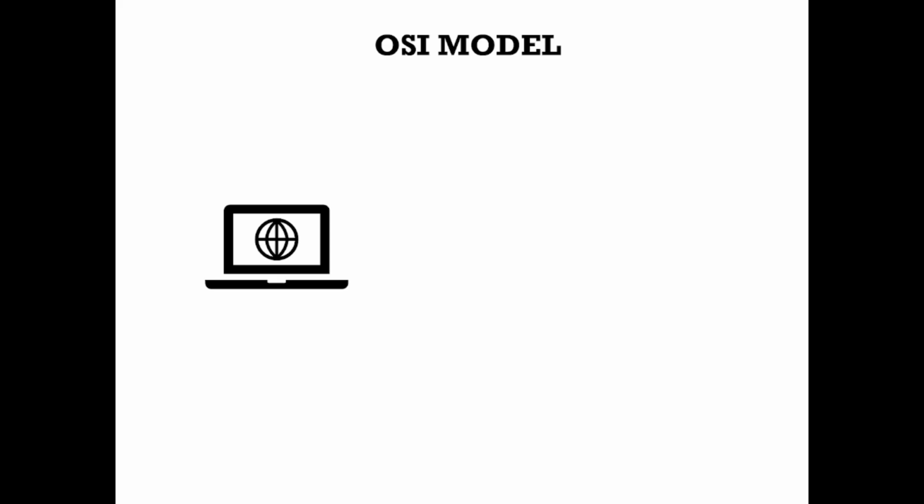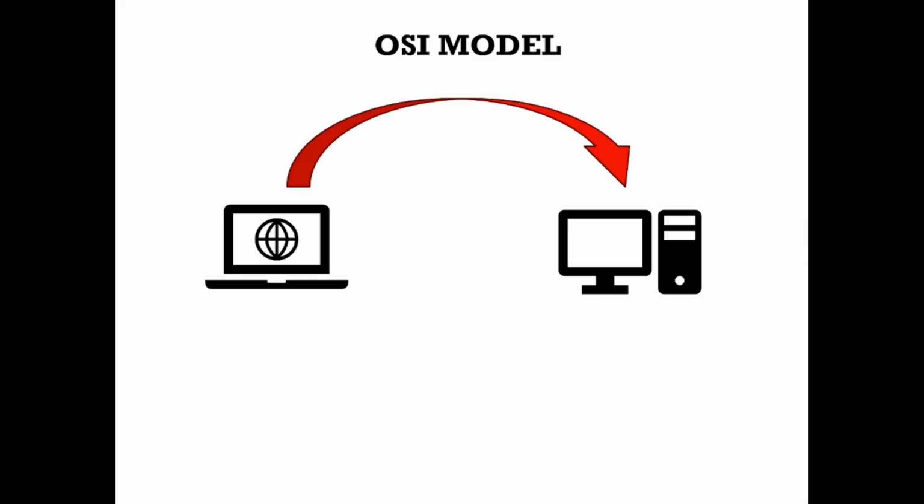So when you type facebook.com, it goes to the Facebook server and sends a request to it, and then the server sends a response back. So understanding the OSI model will help you to understand the different components and the different activities that take place before your request to get to facebook.com is granted.